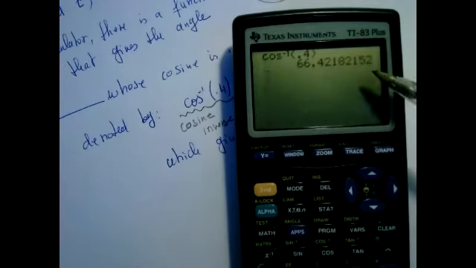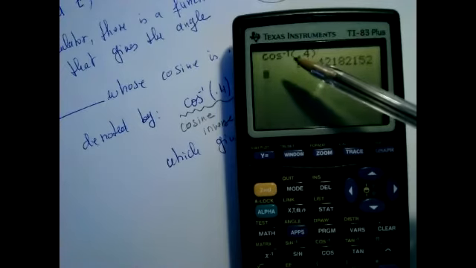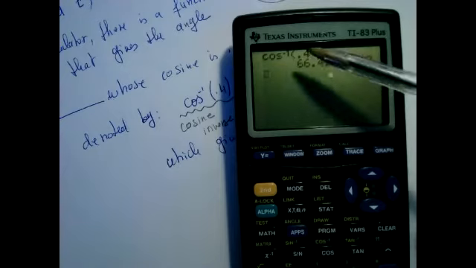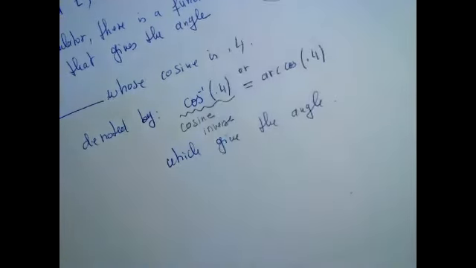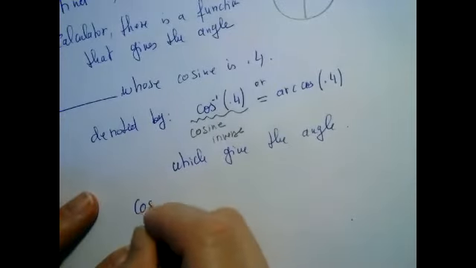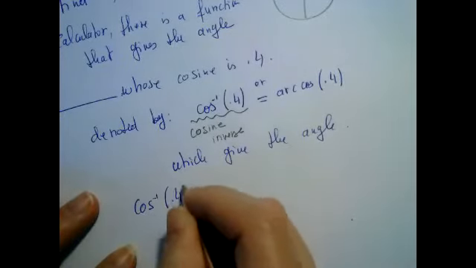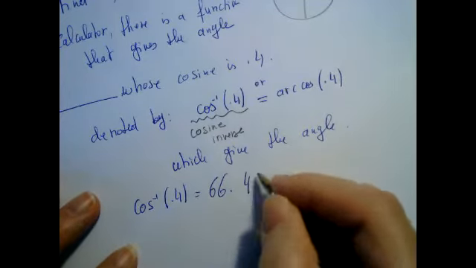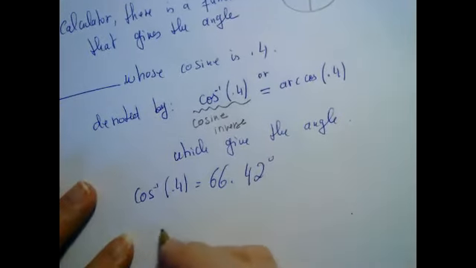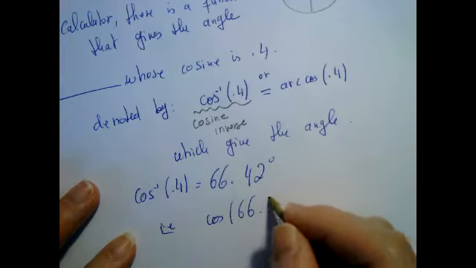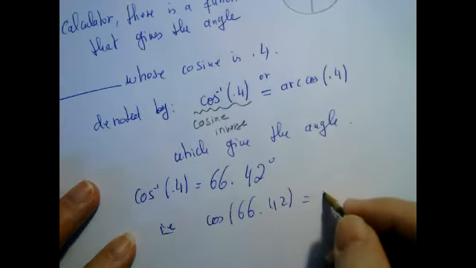I get 66.42. It means this new function will give me the angle whose cosine is 0.4. So cosine inverse of 0.4 is 66.42 degrees. It means the cosine of 66 is 0.4.